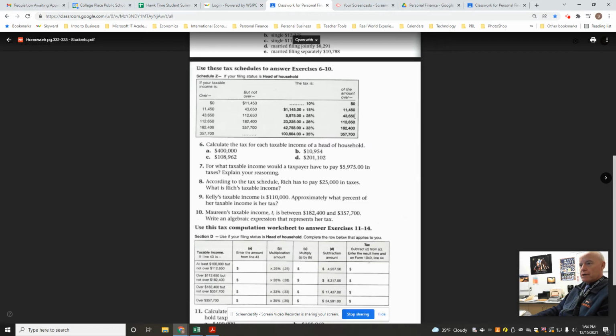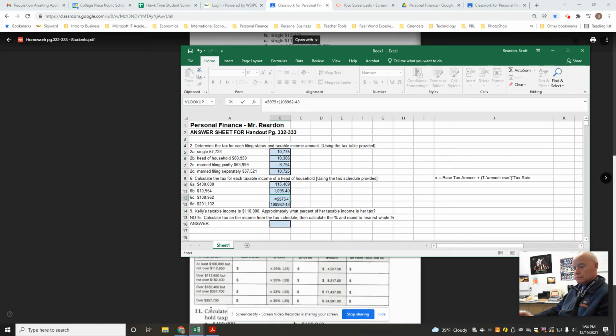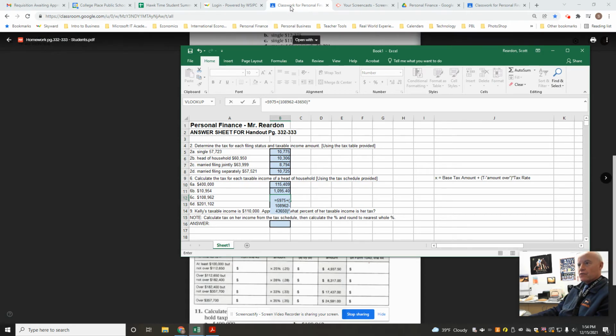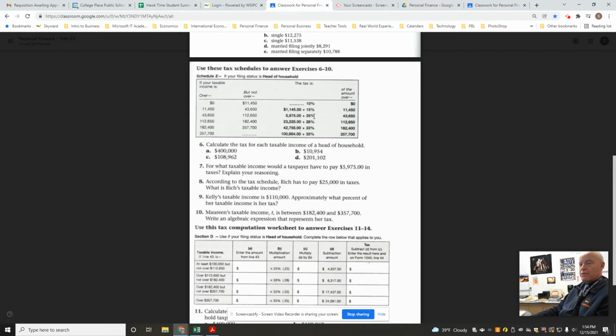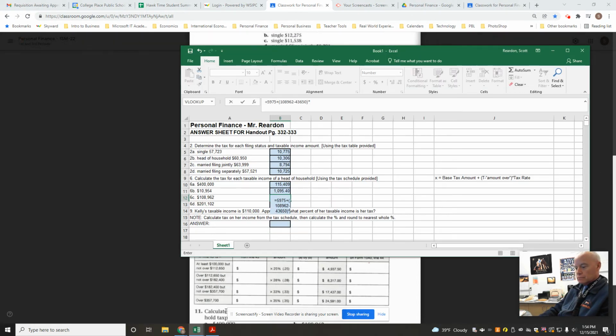The bottom end is 43,650 up here) times the tax rate of 25%, 0.25. 22,303 is the tax on 108,962.